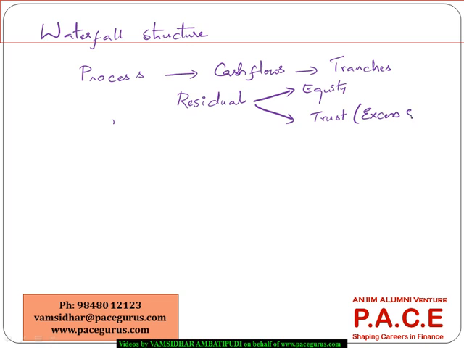How would I identify how much has to go into each one of them? All these are identified as a process in the waterfall structure.